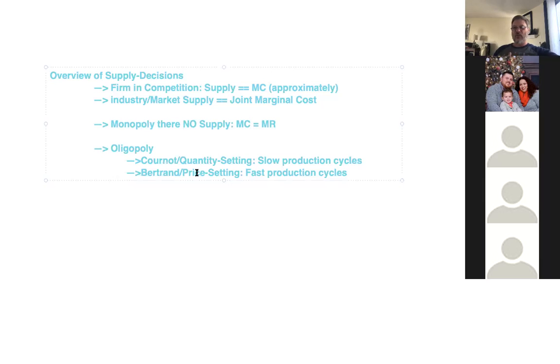A lot of times with gas stations, you'll see pennies separate the prices, and one lowers it, then the other one lowers it. That's what the Bertrand model is about. And I also want to point out that we're going to spend a lot more time talking about the Cournot.